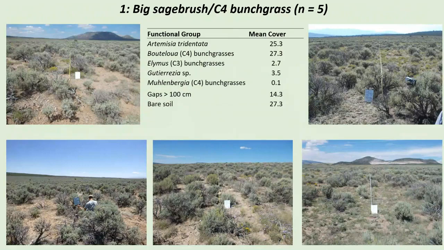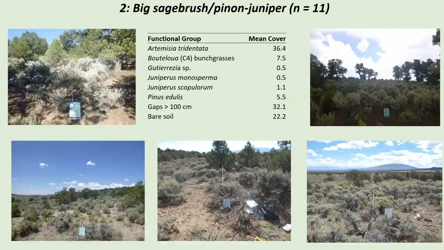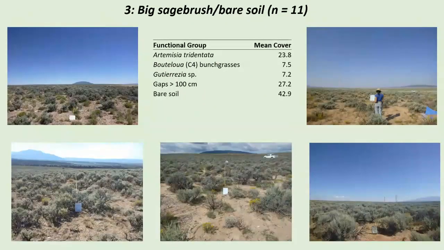So cluster 1 is driven by big sagebrush and warm season bunch grasses. Cluster 2, also driven by big sagebrush, but with some pinon-juniper cover coming in. And cluster 3, driven by big sagebrush as well, but with an increase in bare soil and the proportion of the plot with large canopy gaps.